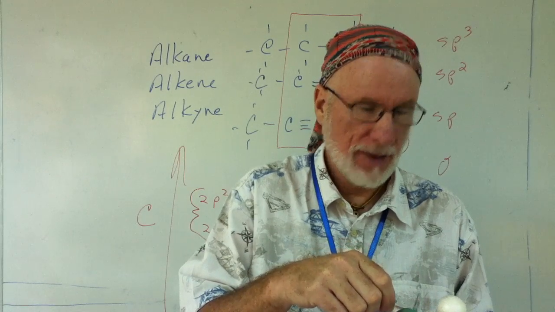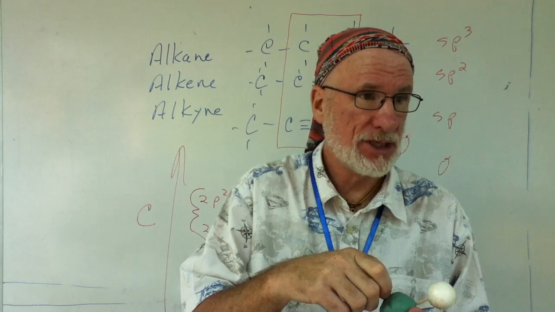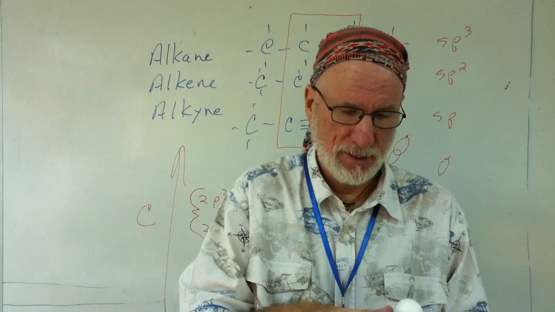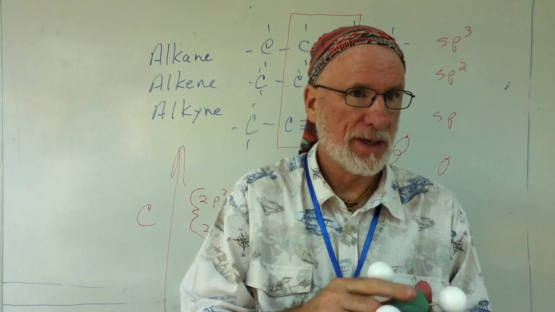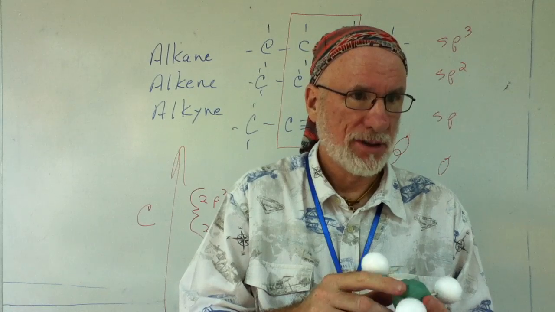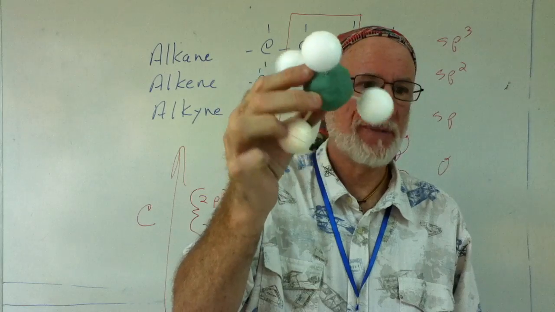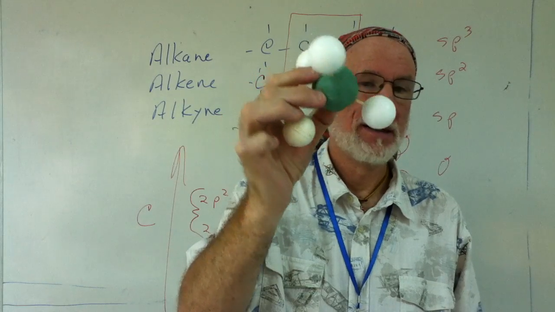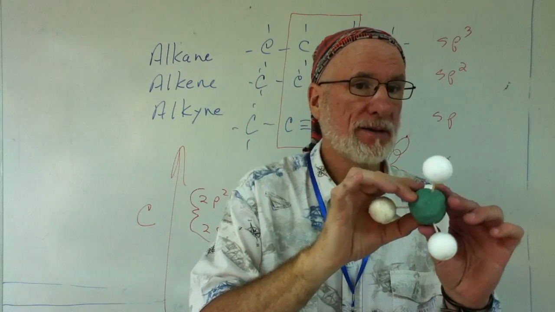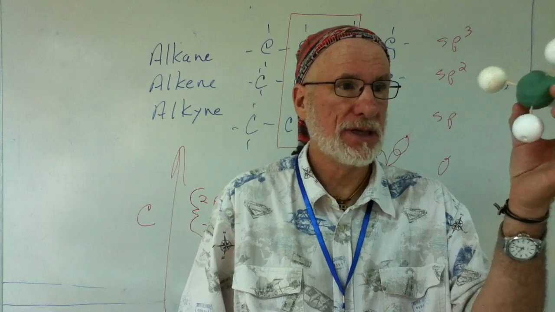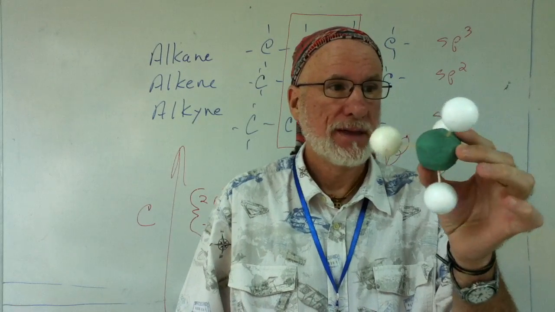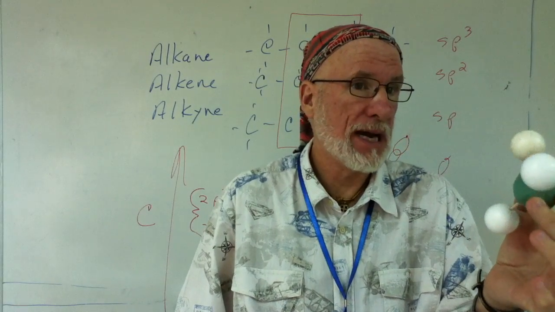Yeah? You have to know them all. You know what the T shape is? What shape is that? Tetrahedral. That's a tetrahedral shape. That's right. And that's from sp3 hybridization.